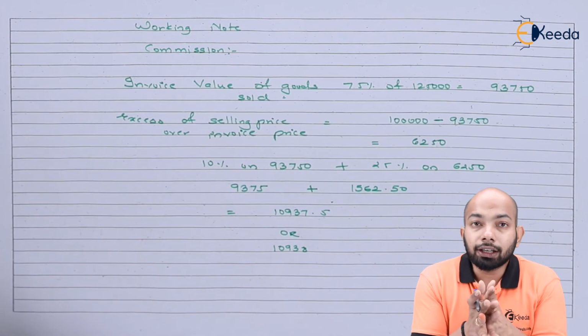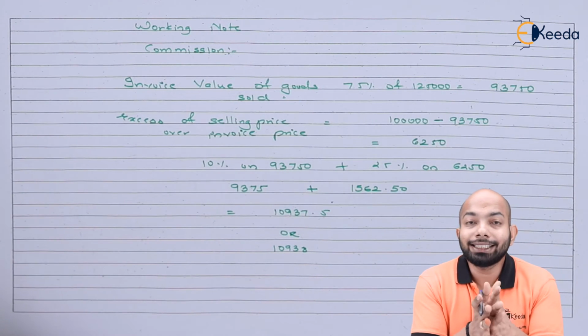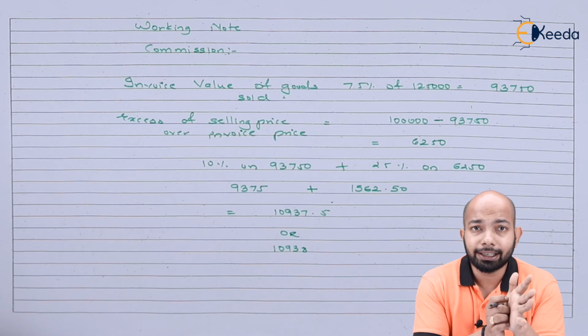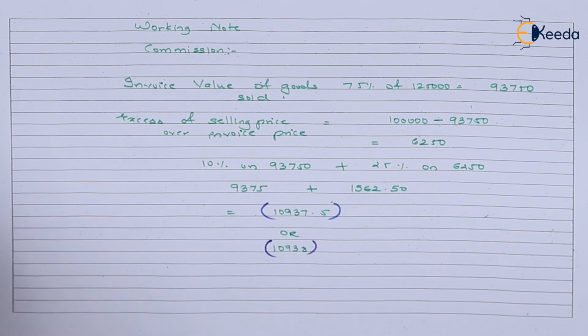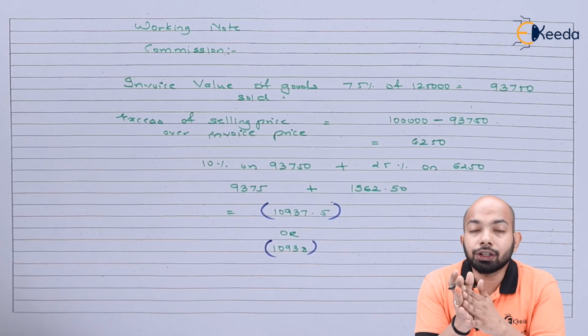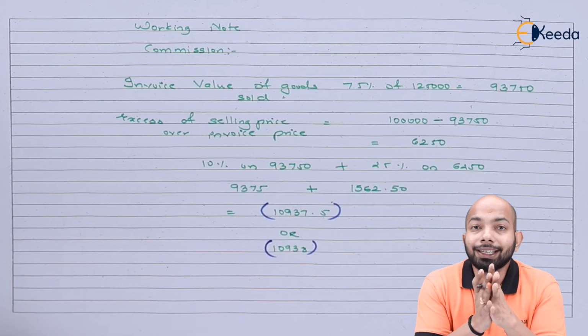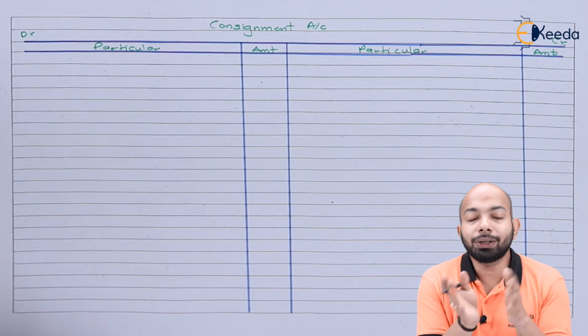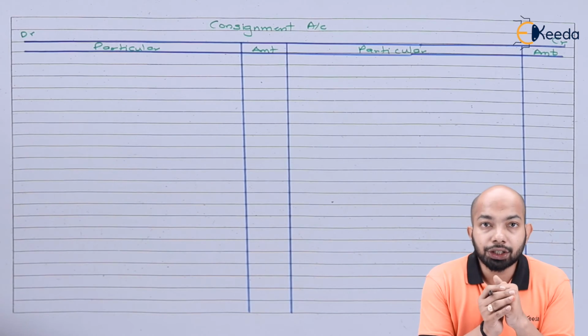So we have figured out the calculation of commission, that is 10937.50, or if you can round it off, it is 10938. Now with this we have completed the working note of all the calculations that we have to do. We'll go ahead and prepare the consignment account now. We'll mention all the transactions that we're supposed to do, and we'll quickly come to the profit and loss calculation.